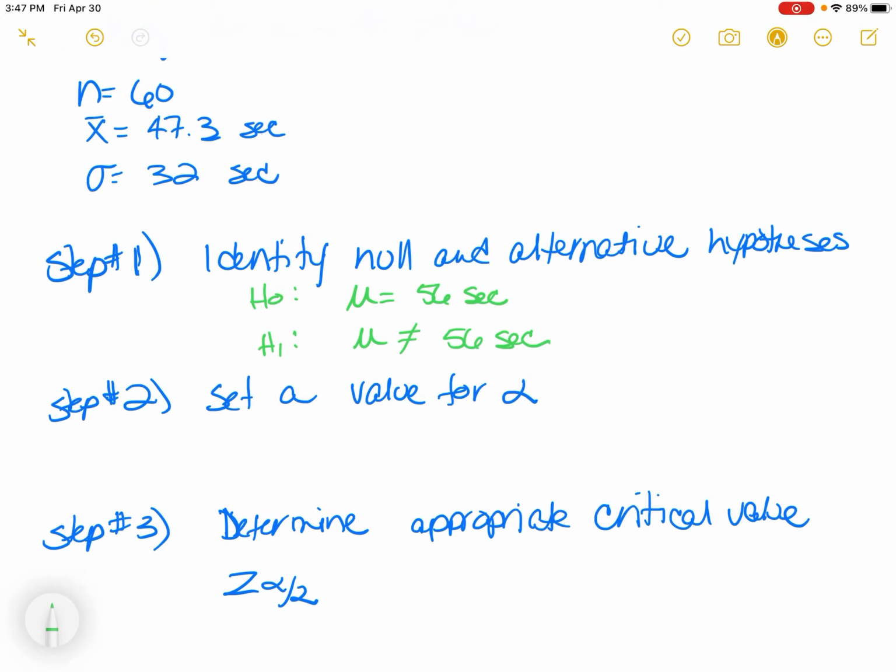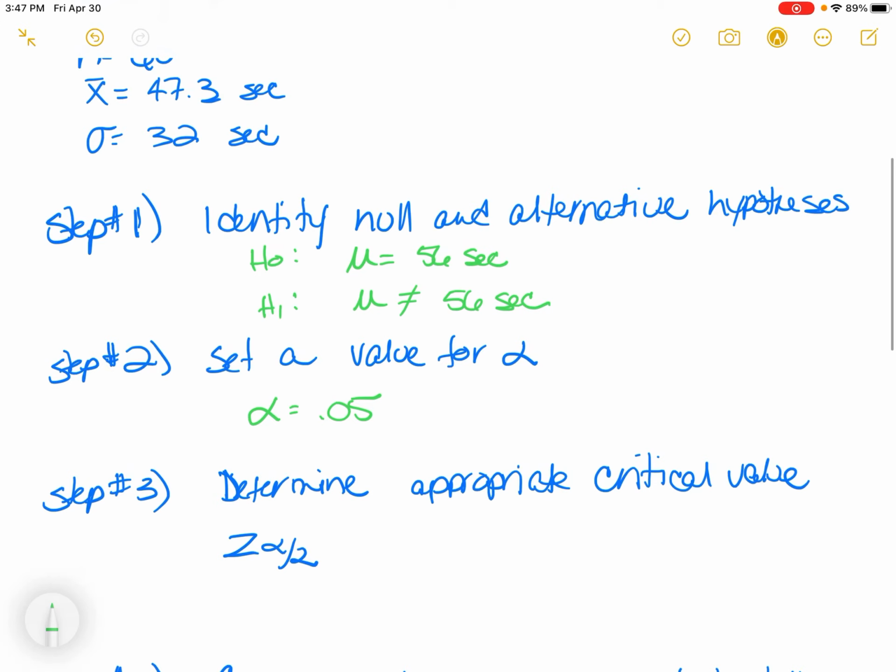So setting the value for alpha, the significance level. For this example, alpha is equal to 0.05 again, the probability of having a type 1 error.